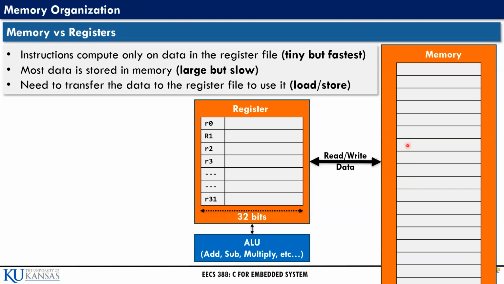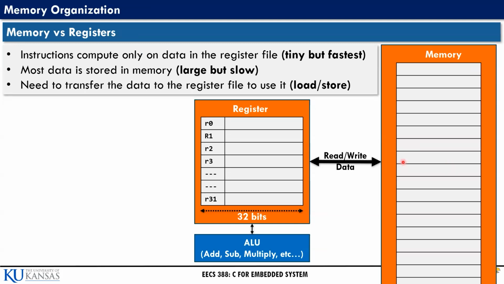So the instructions we have compute only in the register file. The register file is very tiny, but also the fastest. And our memory, mostly data is stored in the memory, and memory is large, but it is slow.